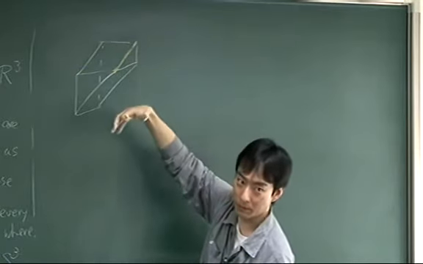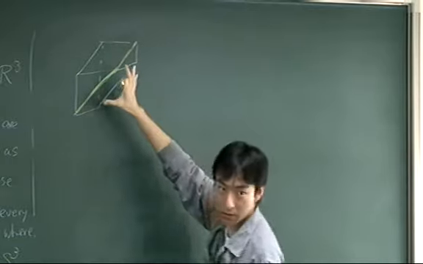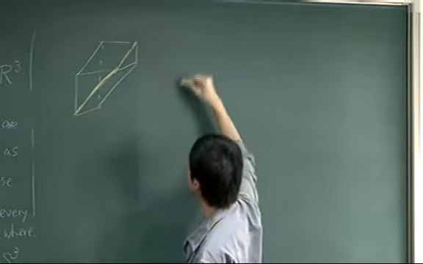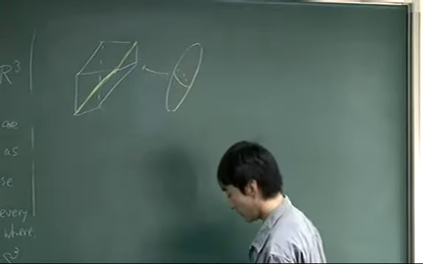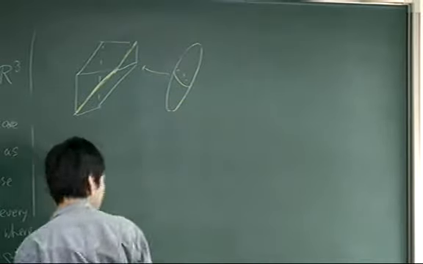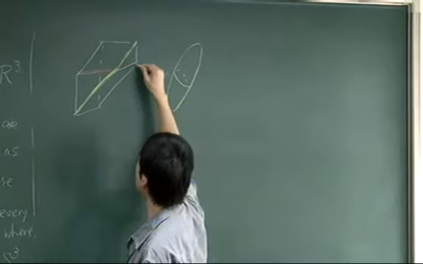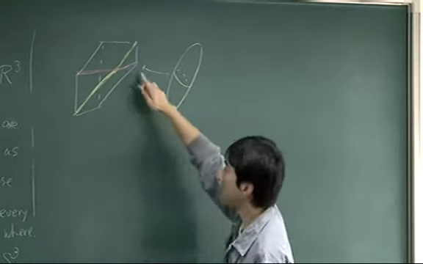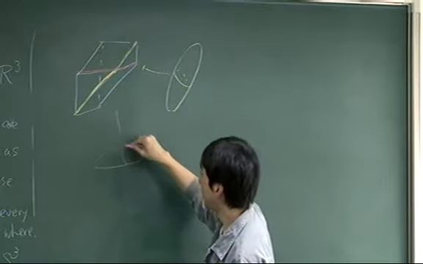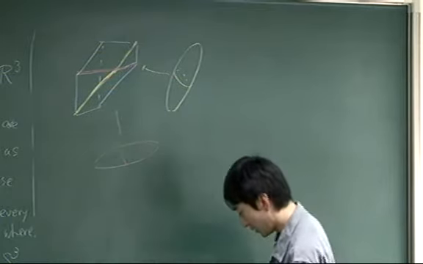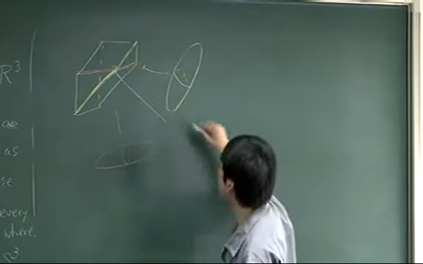If we take a union of these two edges, then its inverse image is a sphere. And the same is true for these two edges. The union of these two edges has an inverse image that is also a sphere. And here the image is a Lagrangian three-sphere.